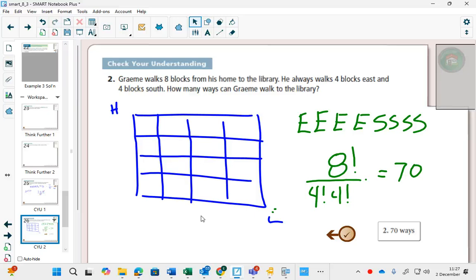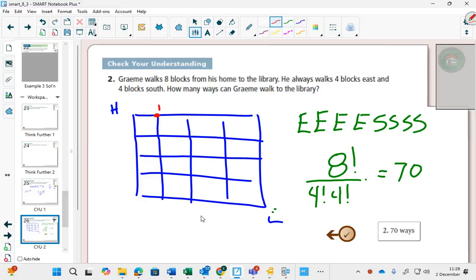Another way that we could do this question is counting it slowly. For example, if the library was right here, I'll use red so we can see it even better. If the library was right there, can you see that there's only one pathway to get there?